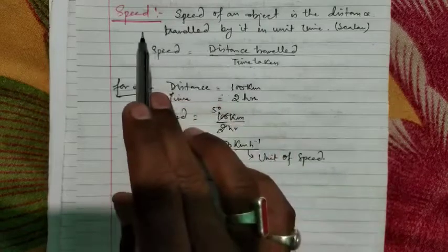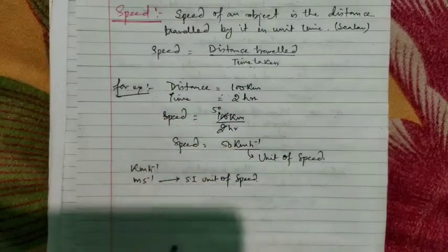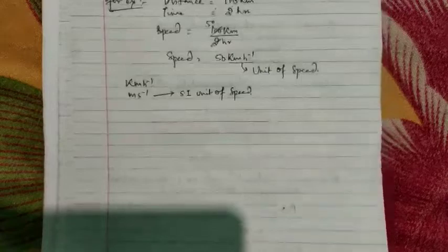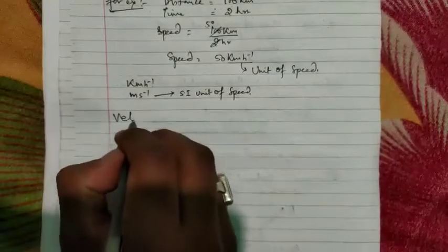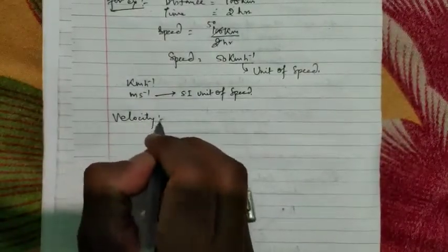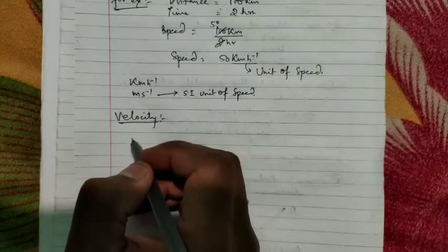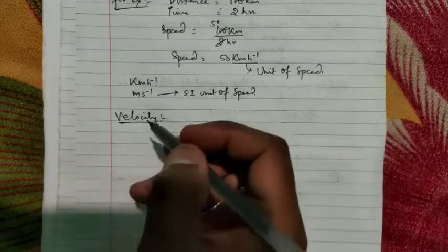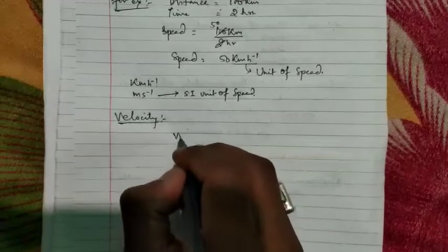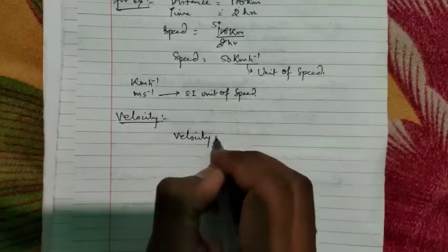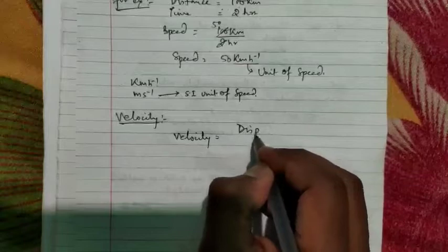Now in place of speed there is one more term, that is velocity. Next we will see velocity. Speed and velocity are similar terms, but they are calculated on a different basis.